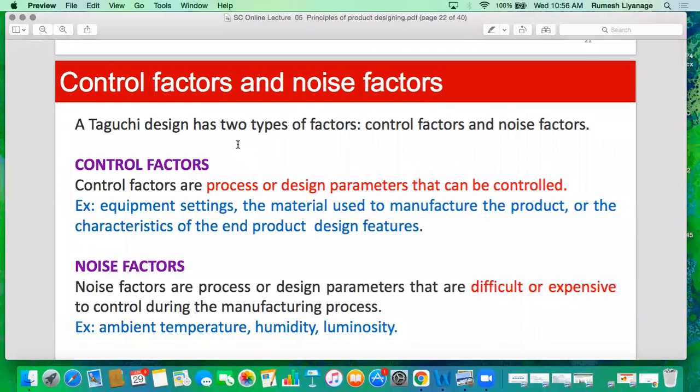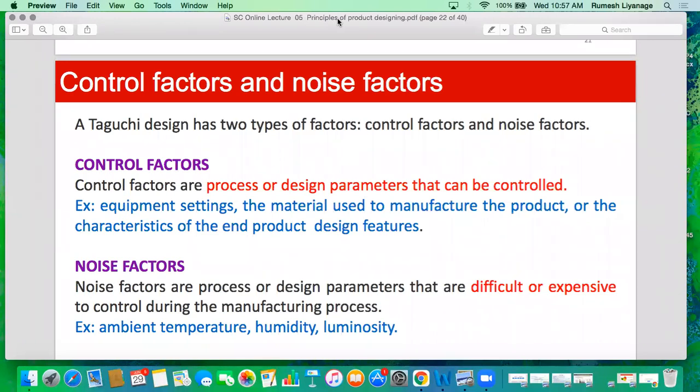And control factors and noise factors are there. You can easily understand the difference between control factors and noise factors. Examples of control factors are temperature and time, which we call processing parameters. Temperature is easily controlled, and moisture level is a factor you can easily control.